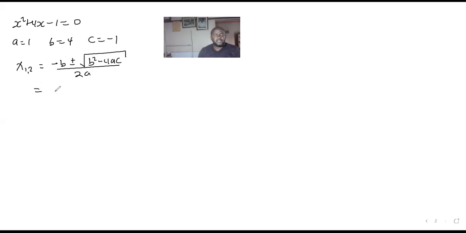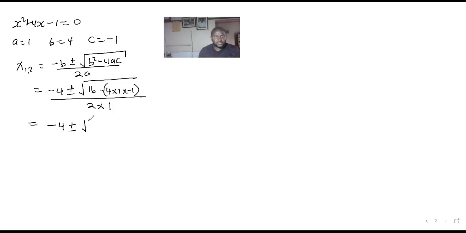So this will give me negative 4 plus or minus under the root of 16 minus 4 times 1 times negative 1, all divided by 2 times 1. This will give me negative 4 plus or minus root of 16 plus 4, divided by 2.